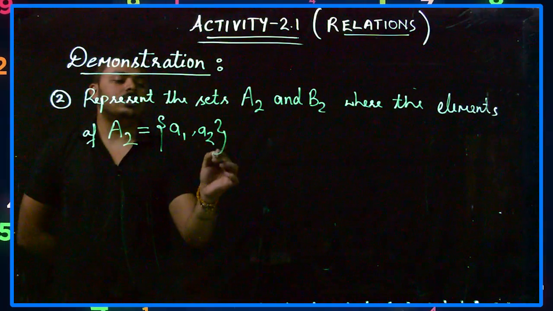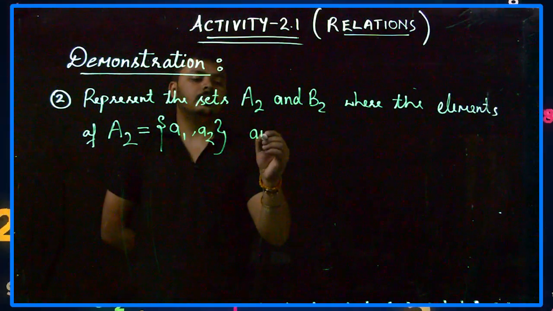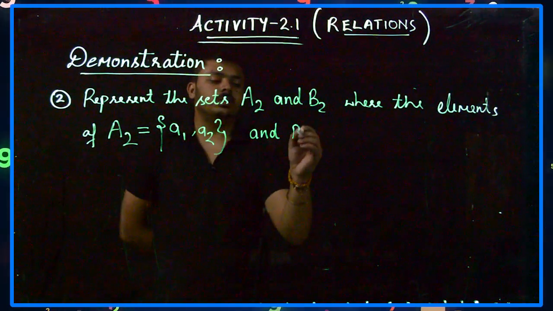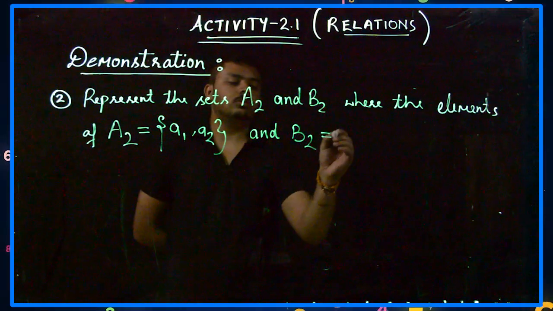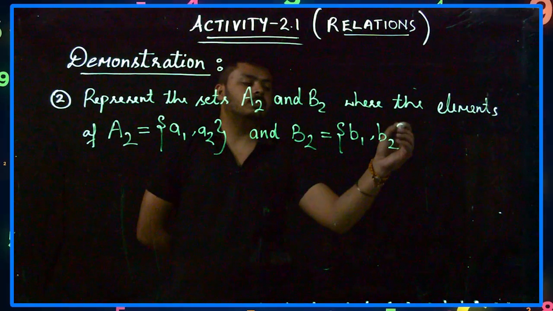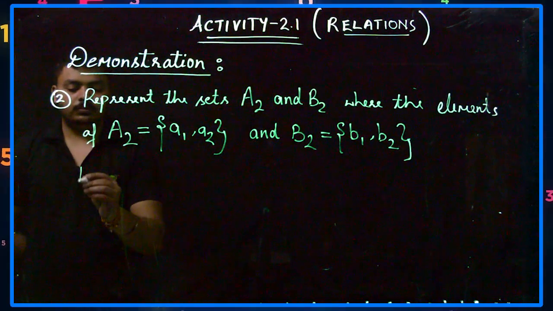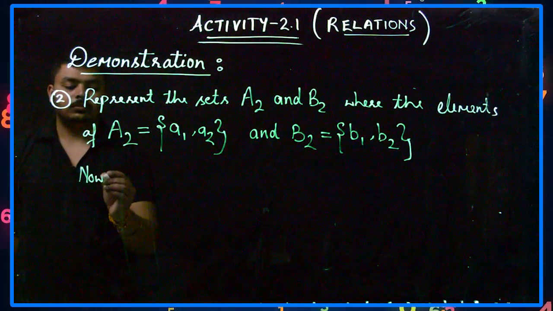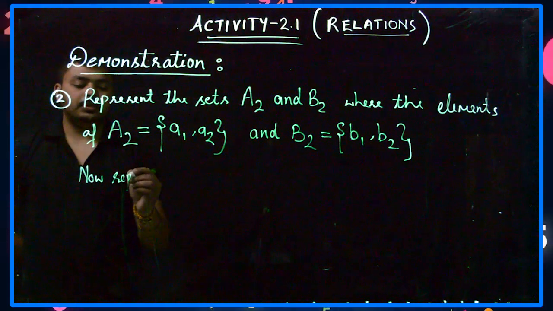That is, set A2 has two elements, and set B2 also has two elements, B1 and B2.